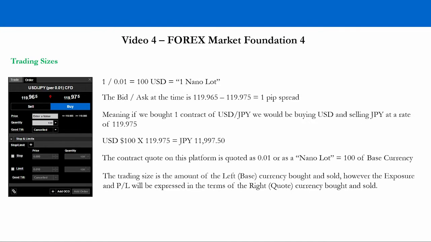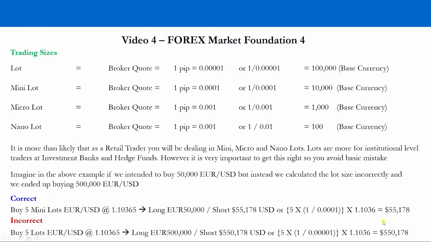Well, if we miscalculated the pip value, what we may actually end up doing is, instead of trading an amount of mini lots, we may end up trading the same amount of lots in the currency pair. So we can go through an example here just to highlight this properly.